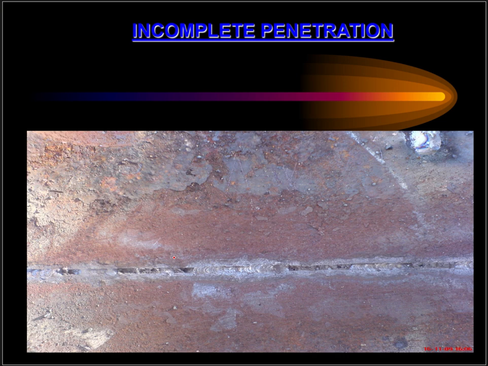This is the actual job. Lack of penetration will be like this. You can see this area has been welded, but the weld area has incomplete penetration throughout the weld joint.